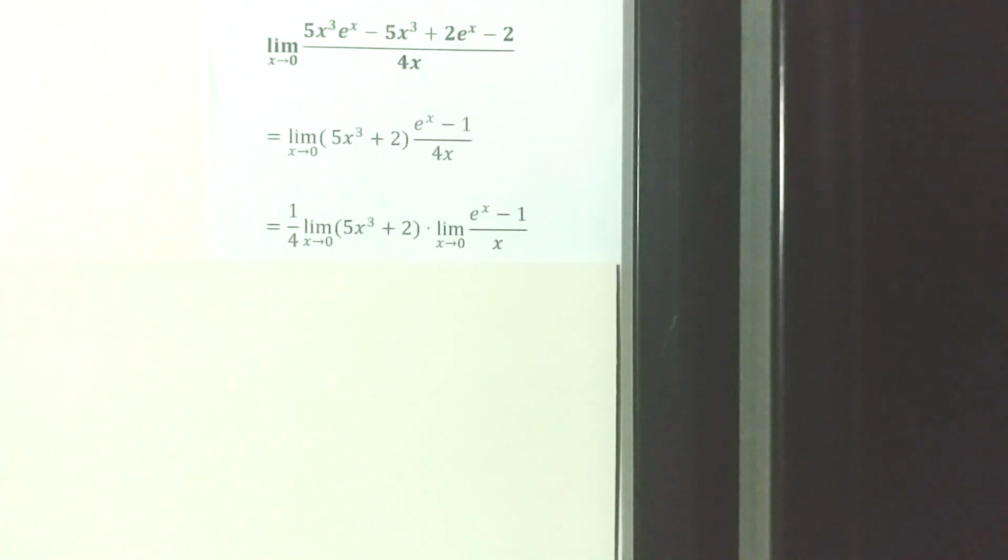Next, we factor out 4 from the denominator. So now we have 1/4 times the limit of 5x cubed plus 2 as x approaches 0 and the limit of (e to the power of x minus 1) all over x as x approaches 0.